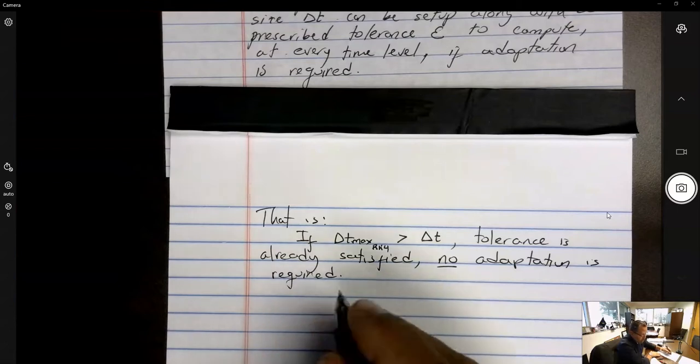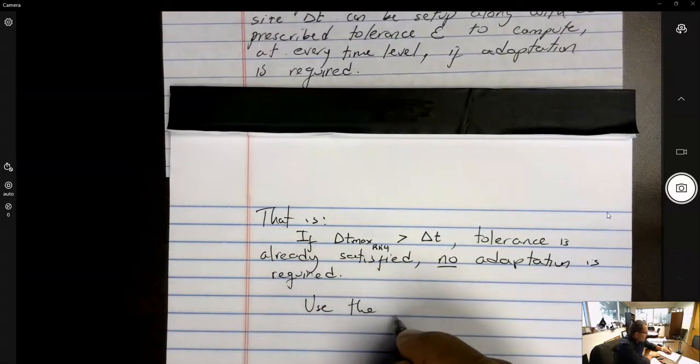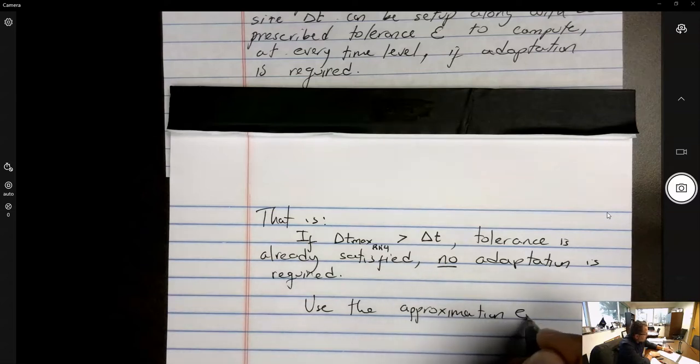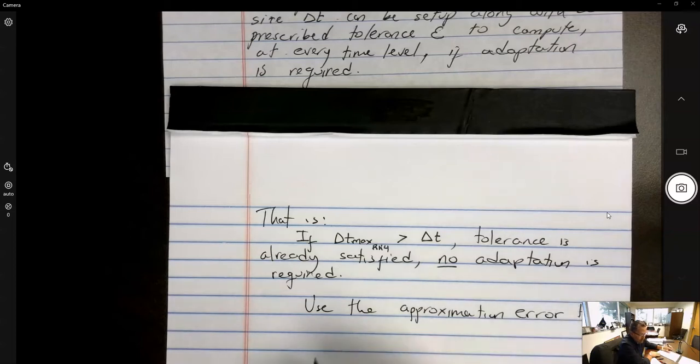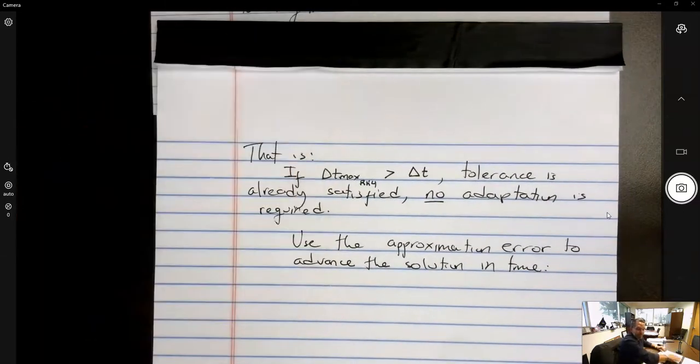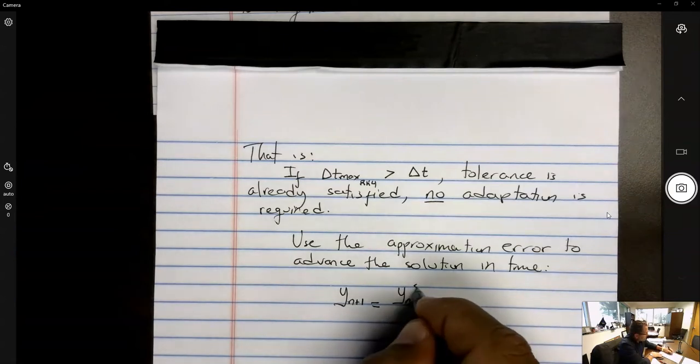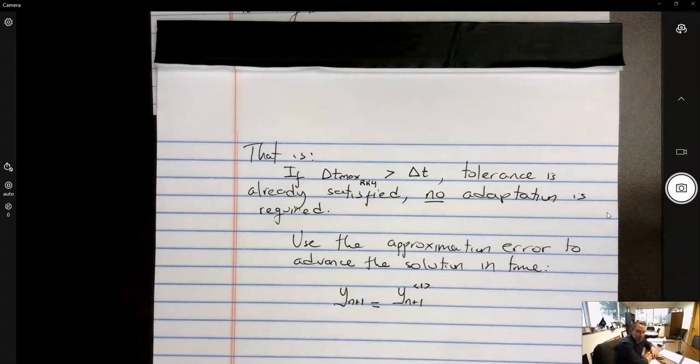So what you're going to do is use the approximation error that we just computed to advance the solution in time. Essentially, the solution at n plus 1, the definite solution at the next time level that you're going to use, is estimate number 1, which happens to be the less accurate of the two, remember, because estimate number 2 is using 2 half-time steps, so it, in essence, is a better one.